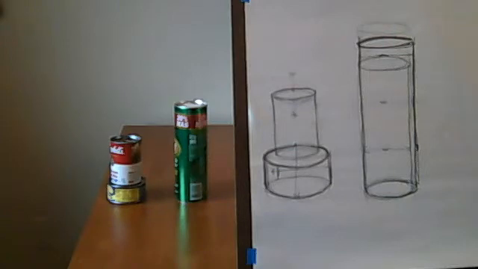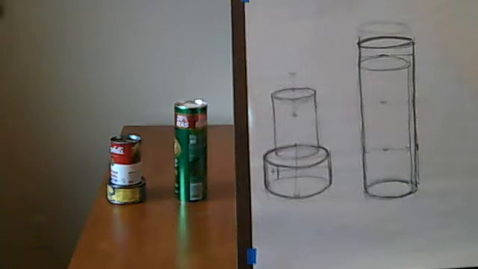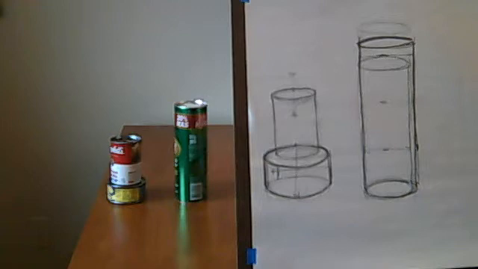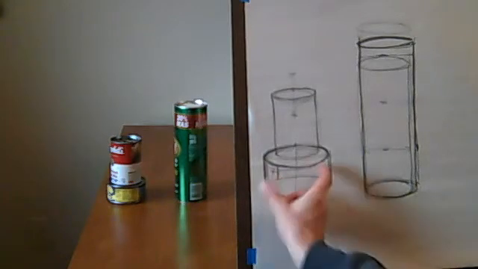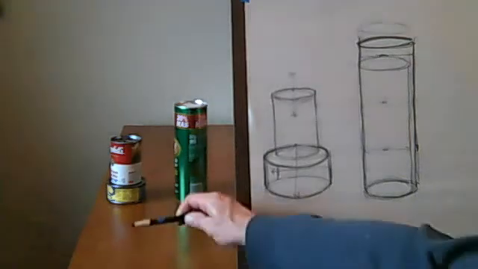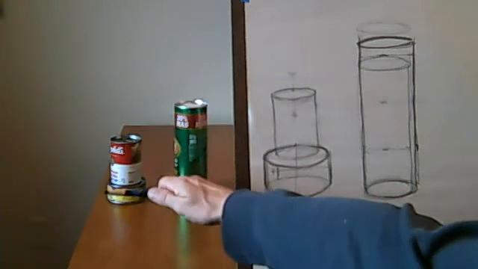Let's check something else. What I want to know is if I've got these objects in relation to one another pretty good. I've noticed that in looking at this can, let's take this dimension and compare it to the height of that. Let's see what happens there. So let's start out here in the natural world, taking a look at the tuna can and citing its width.